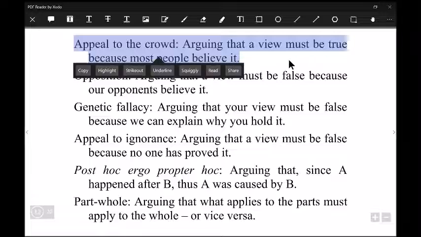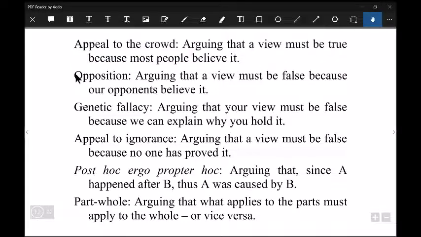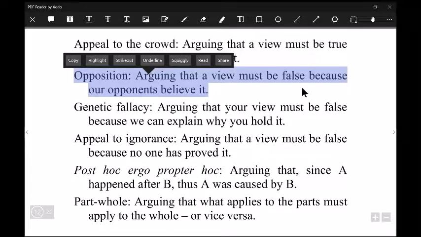We're inclined to go along with the crowd, but the fact that most people believe something doesn't show that it's true at all. Opposition. We argue that a view must be false because our opponents believe it. So we say those dirty Republicans say this, therefore it's false, or those dirty Democrats say it, therefore it's false. Well, not good reasoning. Our opponents might be right about something, and we're just closed-minded if we eliminate that possibility.